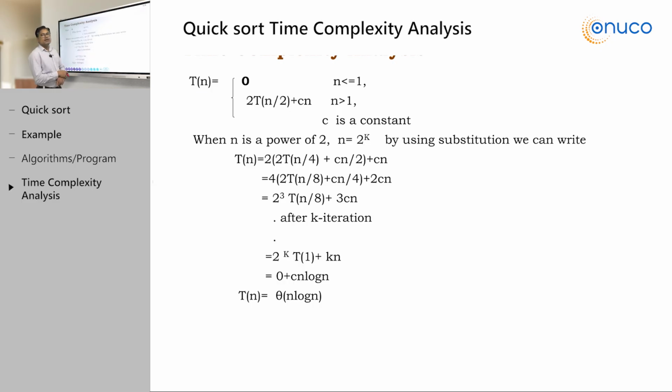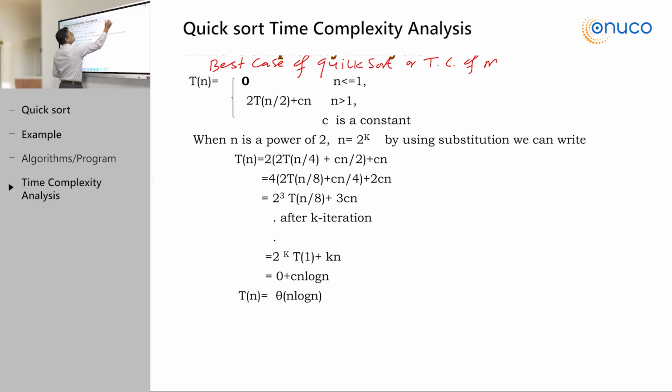Let us see again, there is no difference while we are talking about the best case of quicksort, when elements are in random order, or the time complexity of merge sort.